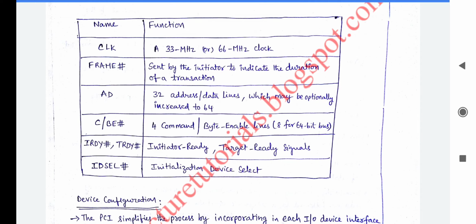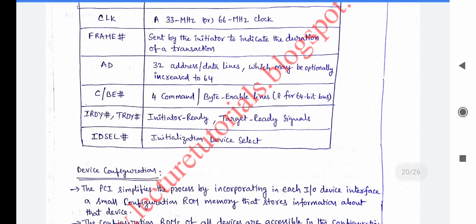AD, the 32-bit address/data lines, which may optionally be increased to 64 based upon our requirement. C/BE, 4 command byte enable lines, 8 for the 64-bit bus.